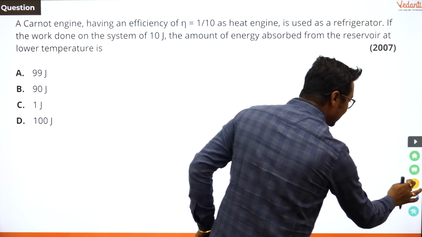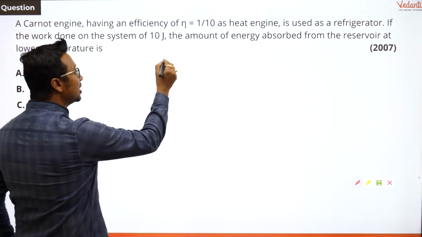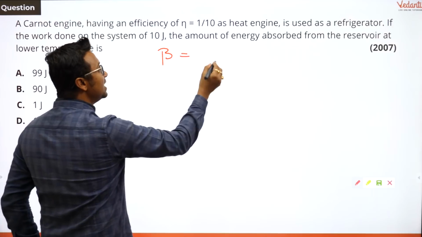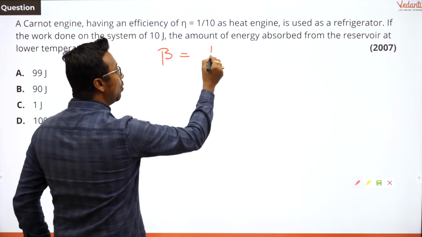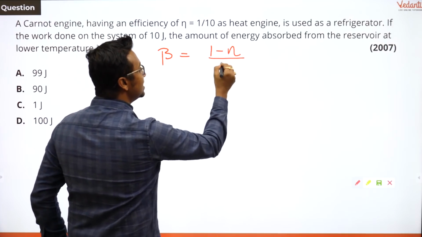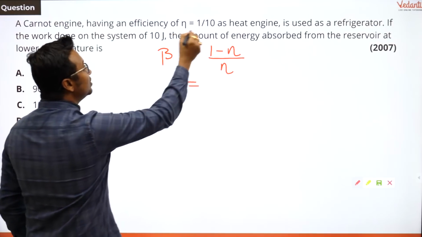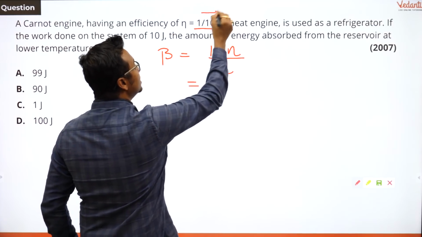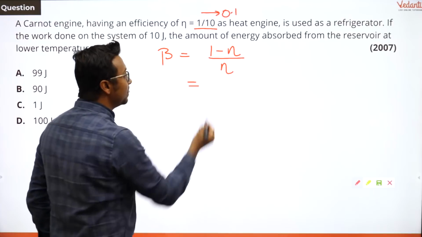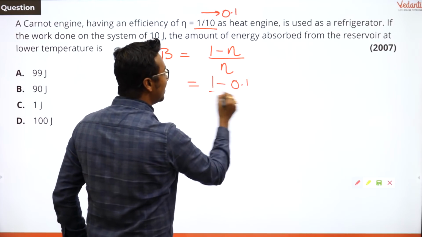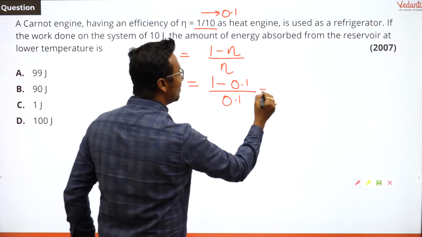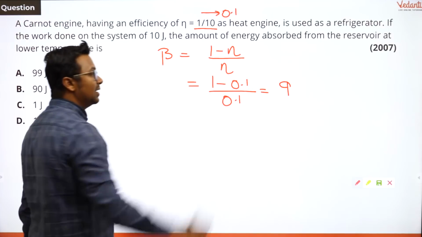All right, students. So we have seen that the coefficient of performance will be equal to 1 minus eta divided by eta. So this is equal to how much? The efficiency is 0.1. So 1 minus 0.1 divided by 0.1 will be equal to 9.